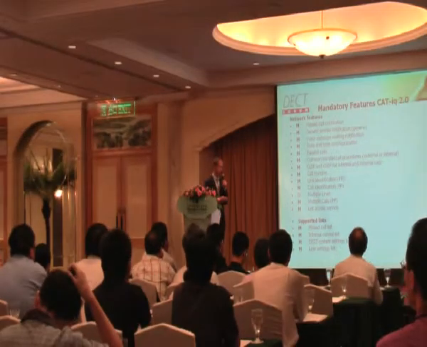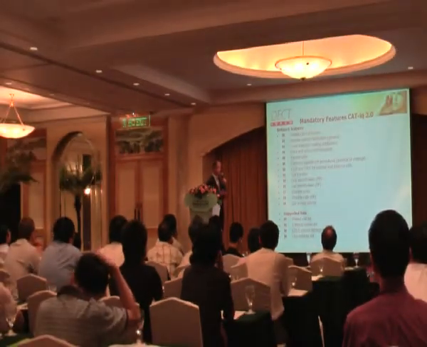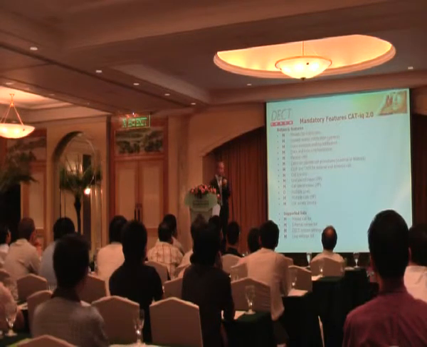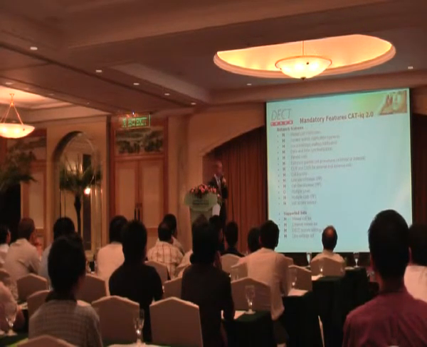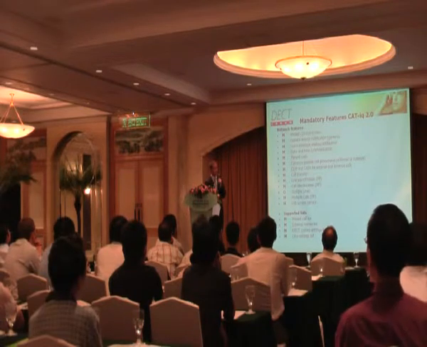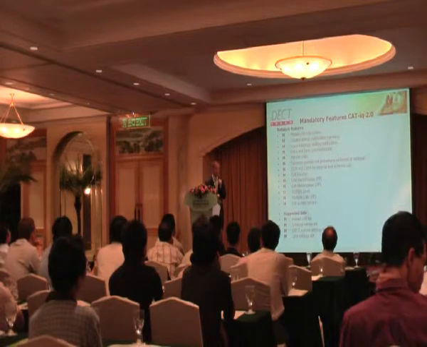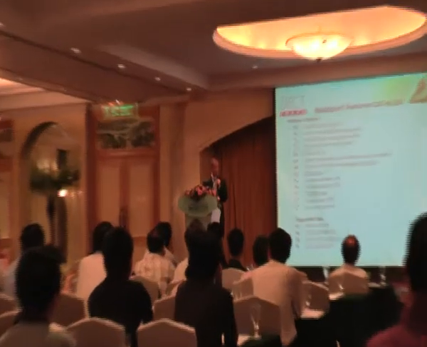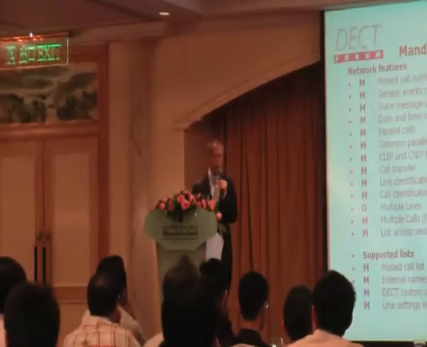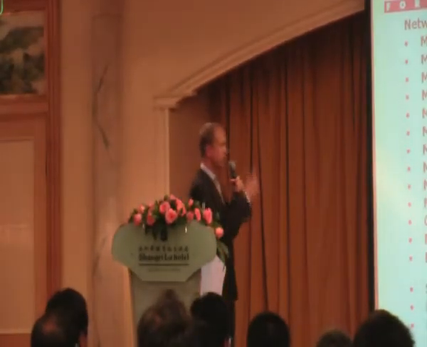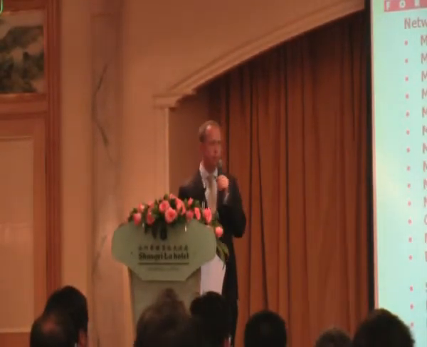That means if you, for instance, have some kind of NTP server connectivity in the base station, you can receive the current time and update the time and date information at the handset side. So here we ensure that this is interoperable between all the CAT-iq products. Another feature being defined is parallel calls.